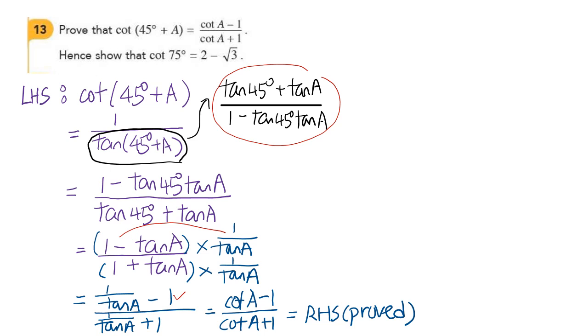All right, so how do we make use of this answer to find cotangent 75? If you compare 75 with 45 plus A, what we can do is substitute A to be 30, because 45 plus 30 will give you 75. So you just substitute your angle A here with 30 degrees. That will give you the answer for cotangent 75.